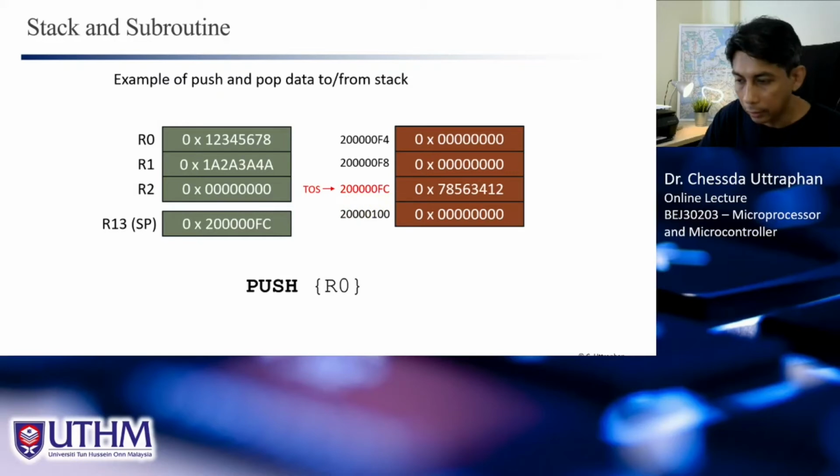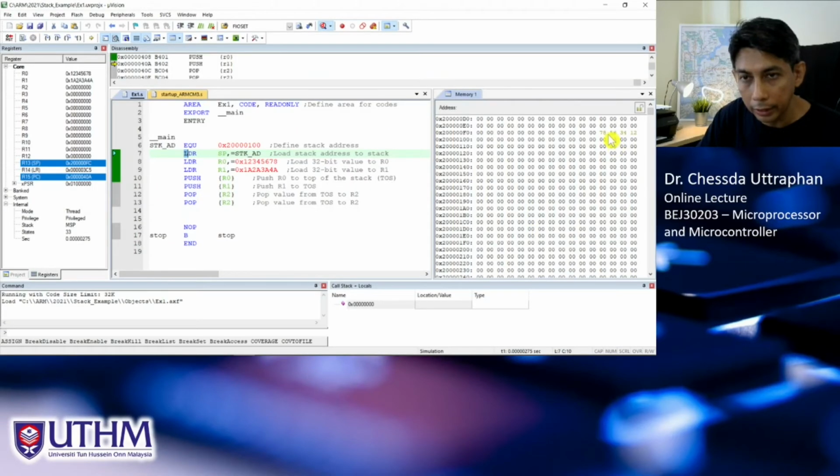FC. How do we know that this is FC? We need to look at this. This is the address of F0 here. This is F1, F2, F3, F4, 5, 6, 7, 8, 9, A. So this is FA, this is FB, so this is FC here.